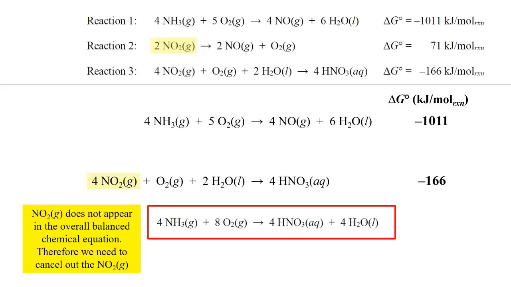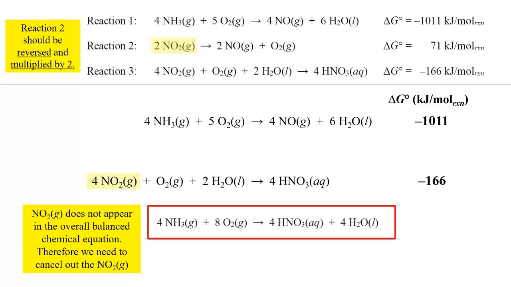So what am I going to have to do to reaction 2 to get those NO2 molecules to cancel out? I need 4 moles of NO2 on the right, which means that reaction 2 is going to be reversed, and reaction 2 is also going to be multiplied by 2. So reaction 2 is going to be reversed to get the NO2 on the other side of the equation, but I need a coefficient of 4, which is why I also have to double that equation.